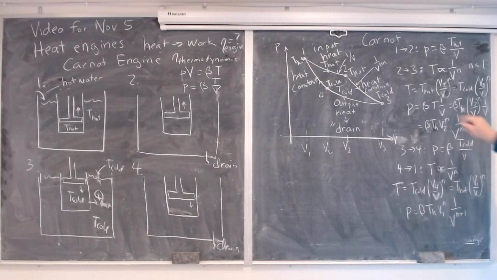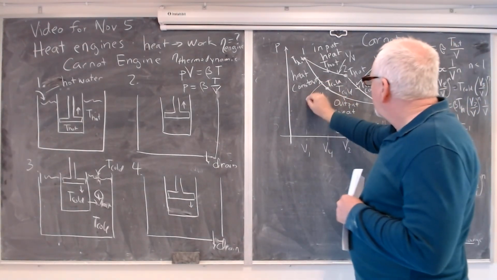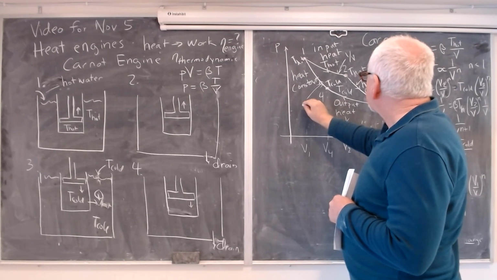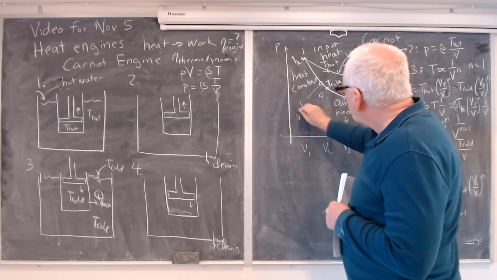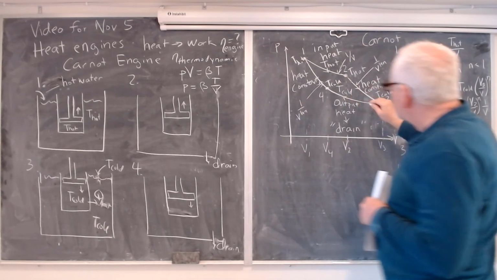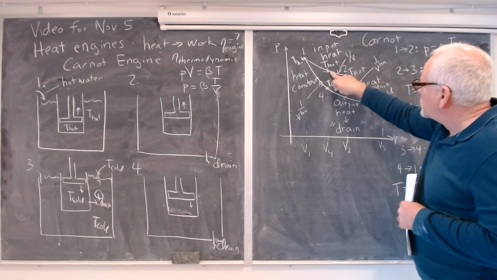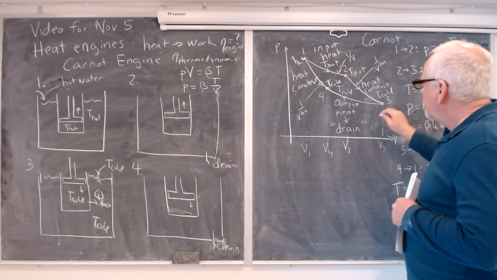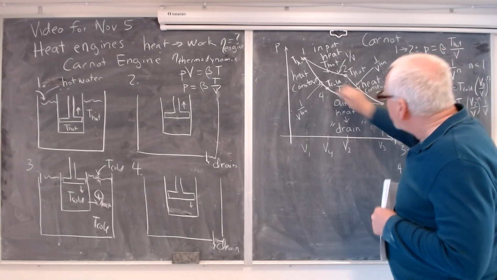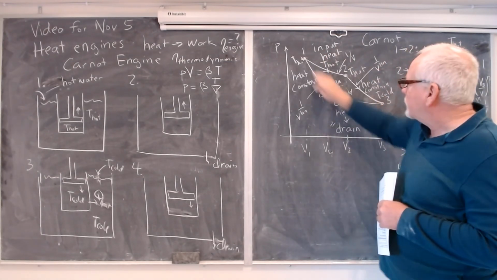And again, it's because T is going as 1 over V to the n, and V is, of course, V. And so on an overall basis, here, it's going as 1 over V to the 1 plus n. And so in this step, it's falling faster than it fell during this step. In this step, it's rising faster than at this step, so it all connects.